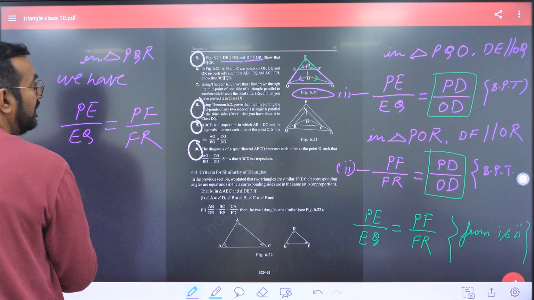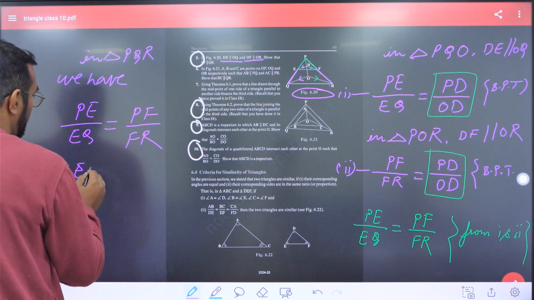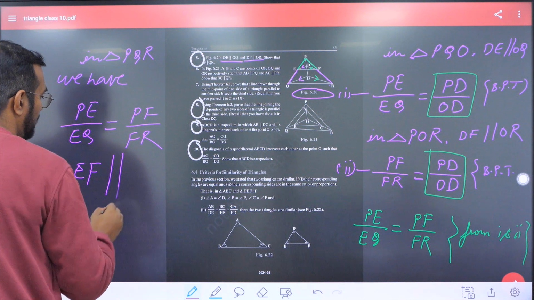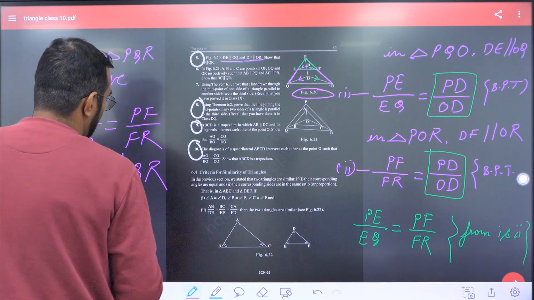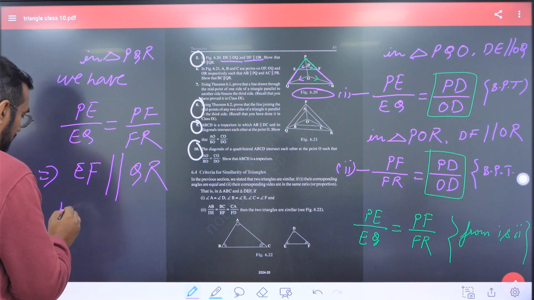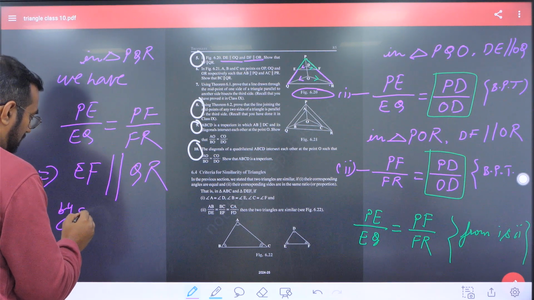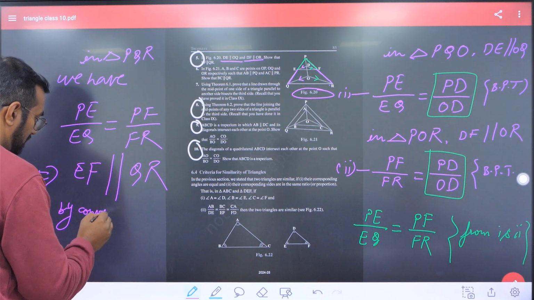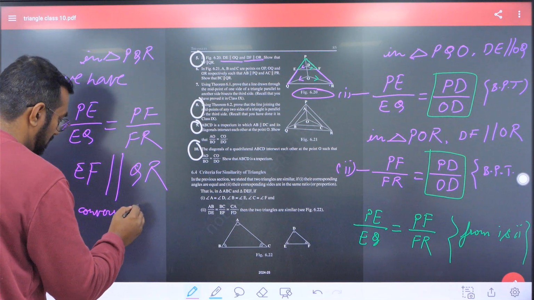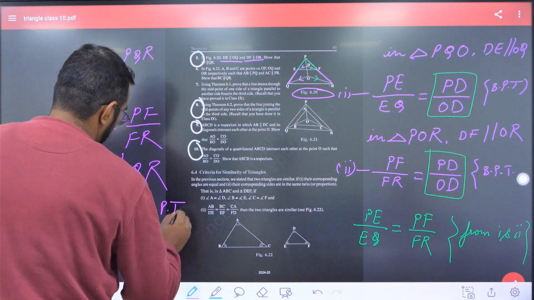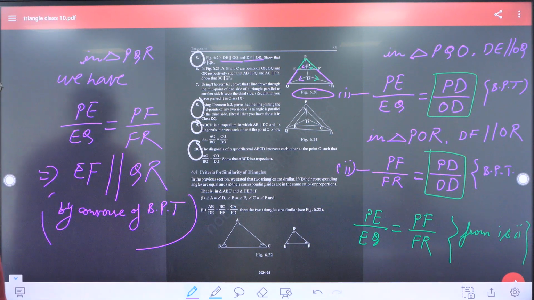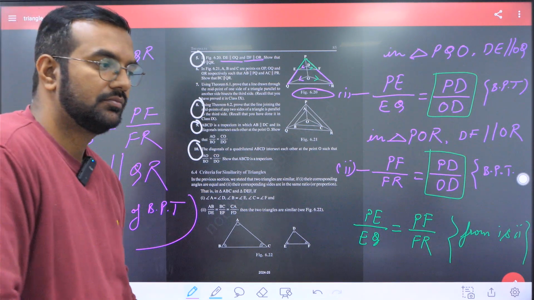This implies that EF is parallel to QR, by converse of BPT. Okay, Aman? Yes.